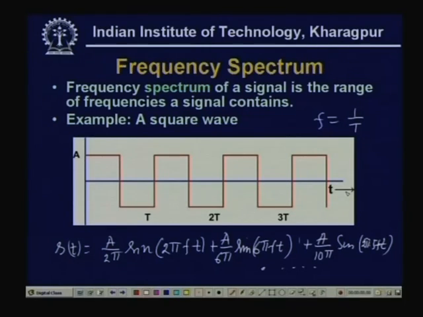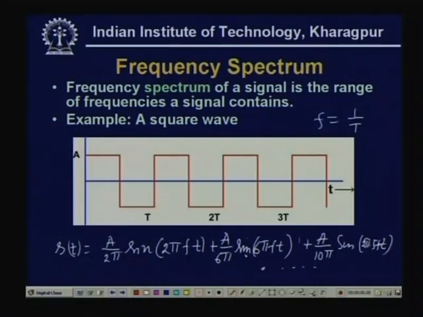But it will have infinite frequency components, all the frequency components starting from f to infinity. However, the components of higher frequencies will be lower. These are known as harmonics. This is the third harmonic, this is the fifth harmonic, then the seventh harmonic, ninth harmonic and so on, with increasingly lower amplitude.